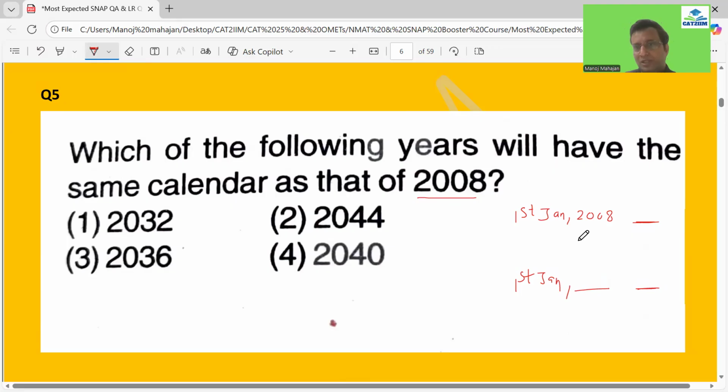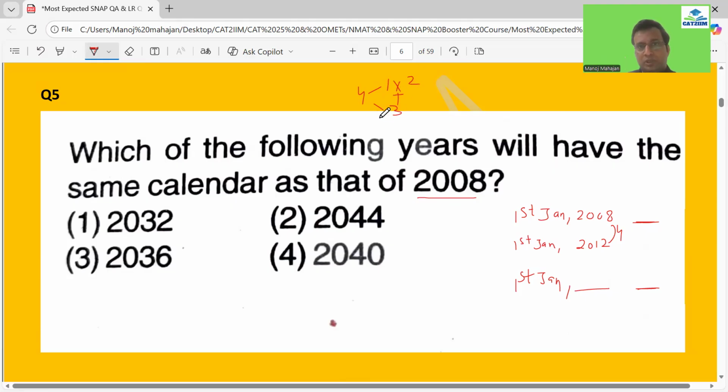You should know one thing: if you take a 4-year gap, I'll have one leap year, 2008, because the Feb month is counted in this year, and the other three non-leap years are 2009, 10, and 11. So out of four, one is a leap year, three are non-leap years. Every leap year would have 2 extra days, and a non-leap year, 1 extra day.